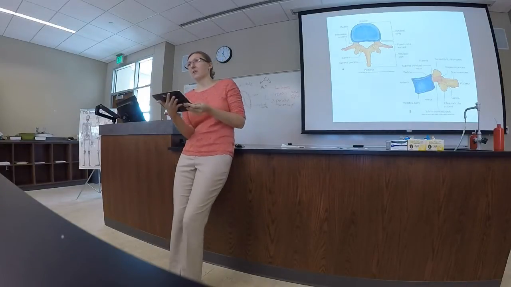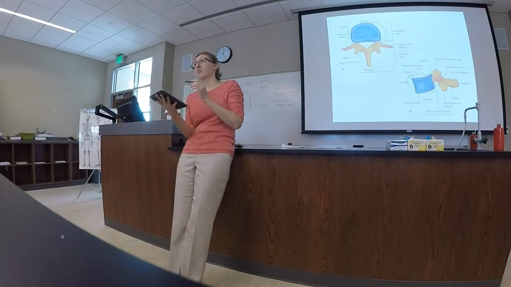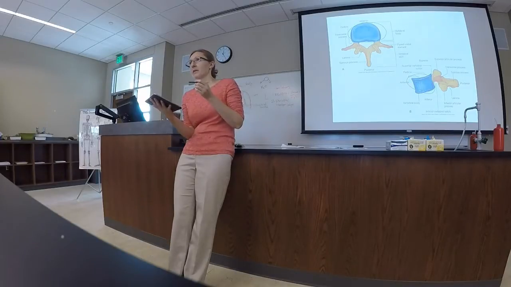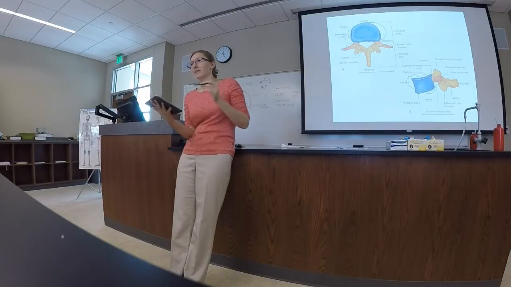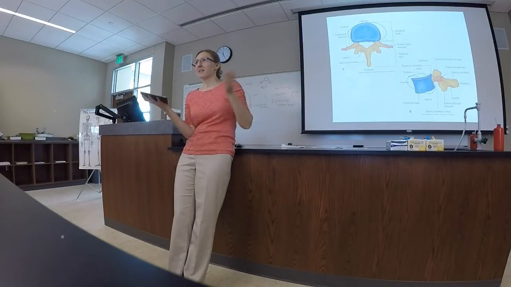Okay, so overall vertebral anatomy. Here we have the vertebral body. This is the major weight-bearing portion of the vertebra, so it's what's actually stacked up on top of each other. You can kind of think of it as a stack of blocks in a way. I know we've all probably played with stacking some sort of block-like structure.